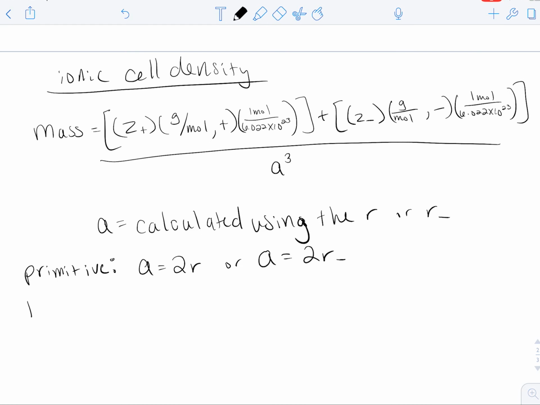If we have a body-centered cubic, A will be related to R using A is equal to 4R over square root of 3, or A is equal to 4R minus over square root of 3.